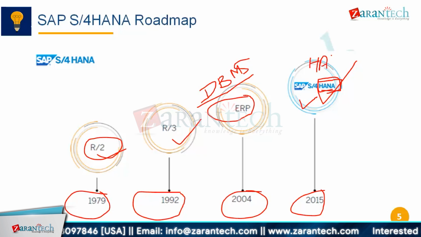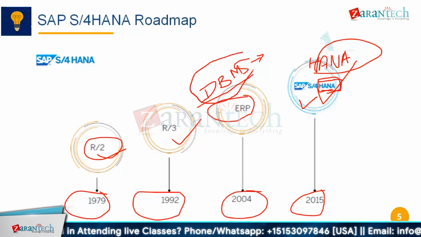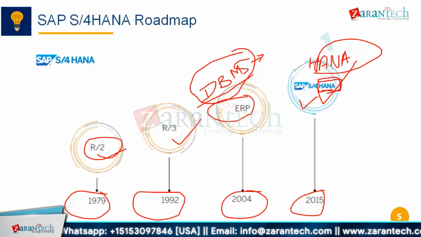What is the difference between the HANA database and DBMS? In HANA, data can be stored in columnar form or row form, so there are two ways of storing data. In the earlier one, only row-based data was stored. I'll come back to this point later with an example in our upcoming sessions. But for now, for your understanding, the ERP system was running on a DBMS database, and now this S/4HANA system is running on the HANA database. Okay, now moving to the next slide.